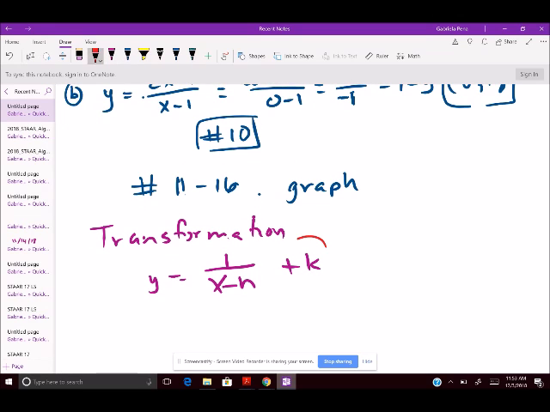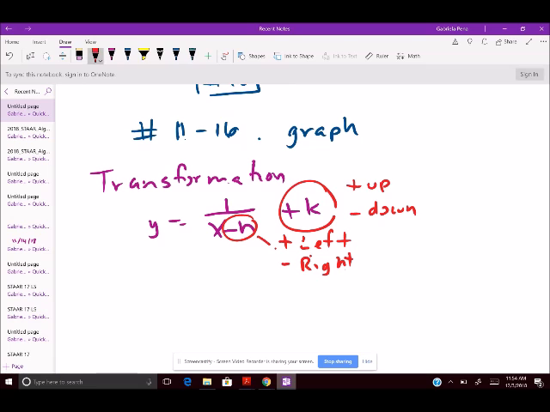So I don't know if you remember, the number outside determined if the graph moves which way? Up or down. So if it was positive, it moves up. If there was a negative, it moved down, right? With the H, if the H was positive, which way did it go? Left. Very good. If it was a negative, it moved to the right. So this is just a refresher in case you don't have a calculator.